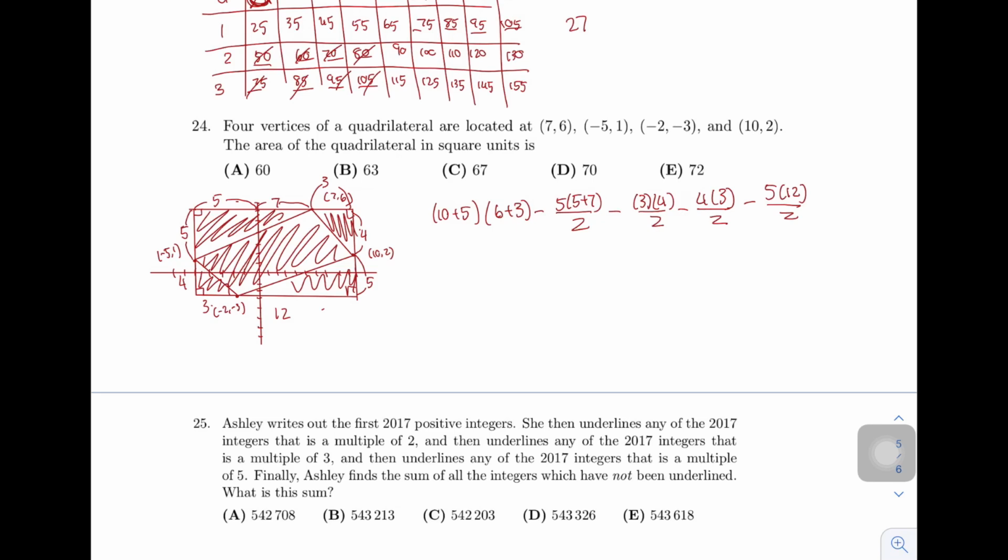And if you punch this into the calculator, you should get 63. Therefore, B is the correct answer.